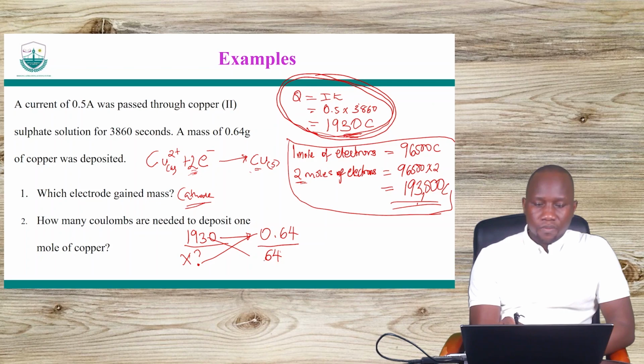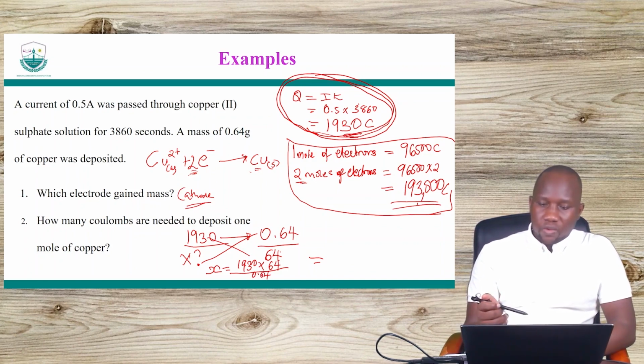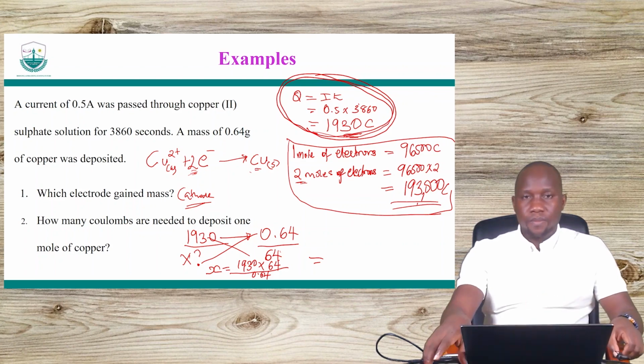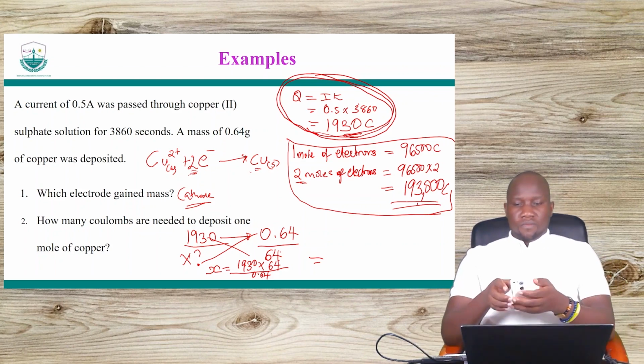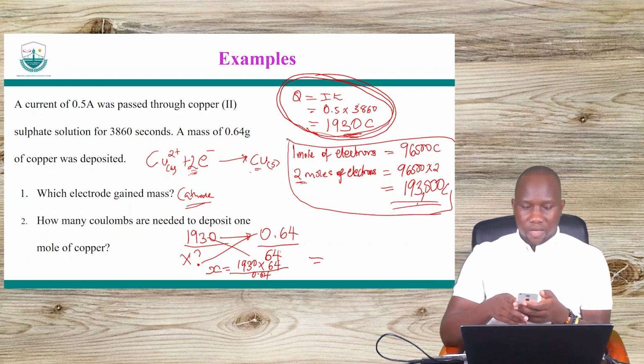So you basically cross multiply, right? So you will have x equal to 1,930 times 64 divided by 0.64 here. Let's see if the answer we get will remain the same.